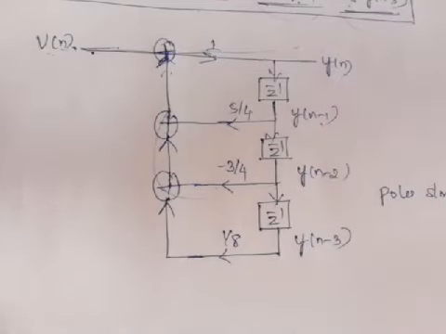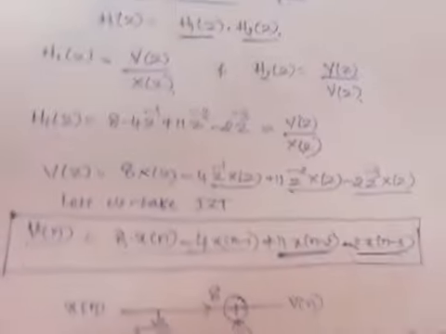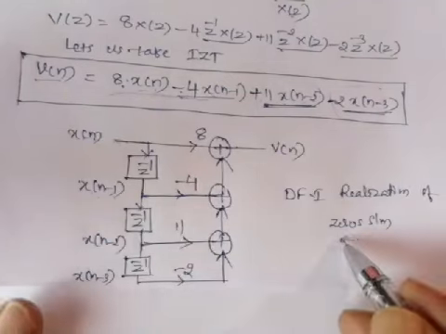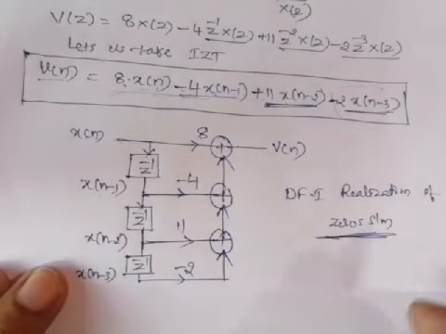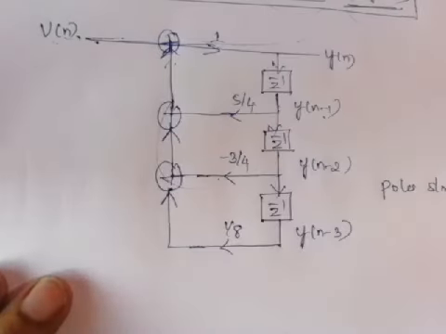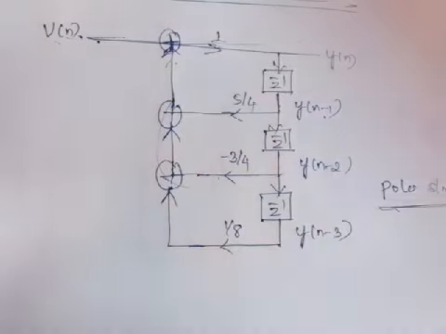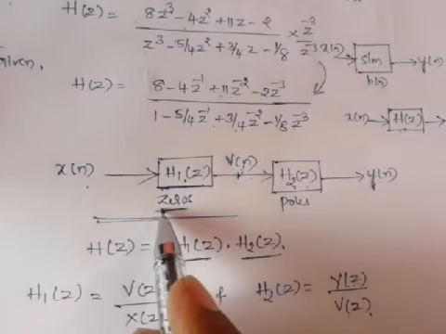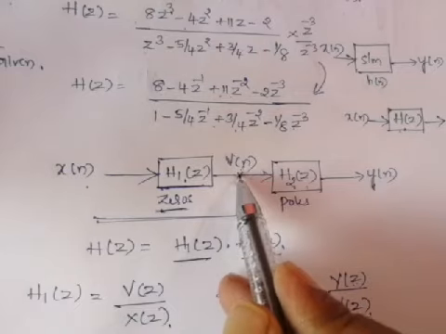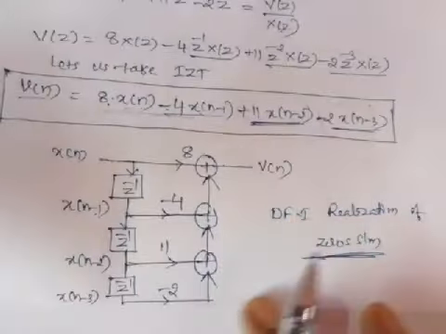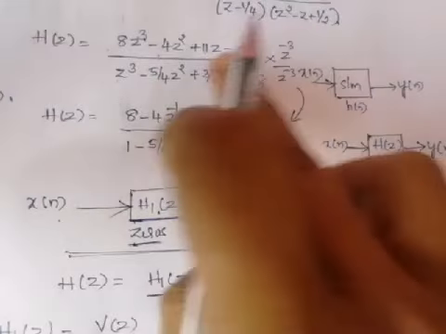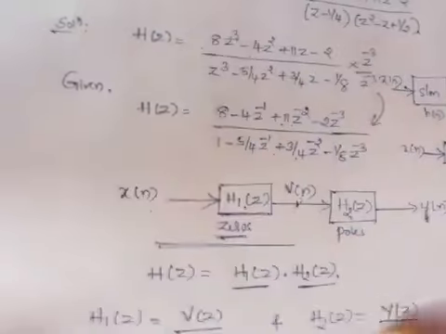Now, in the previous case, what we discussed is the realization of the zero system, and this is the realization of the pole system. See in the diagram, the zero system followed by the pole system are in series connection. The zero system is realized like this, and the pole system is realized like this.